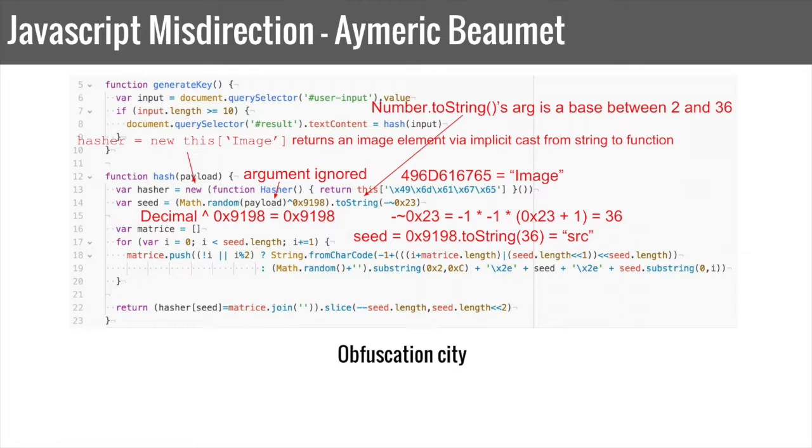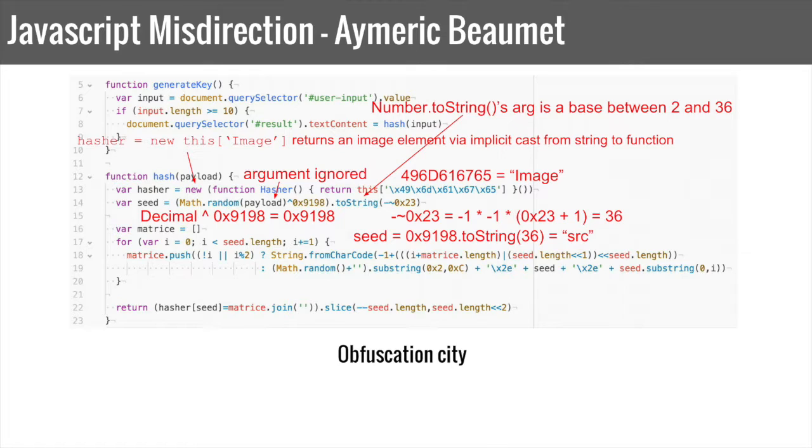It gets at least 10 characters, and then it's going to call the hash function based on the input. Line 12, the hash function, it calls the argument payload, and we'll see in a moment what's being done with payload.